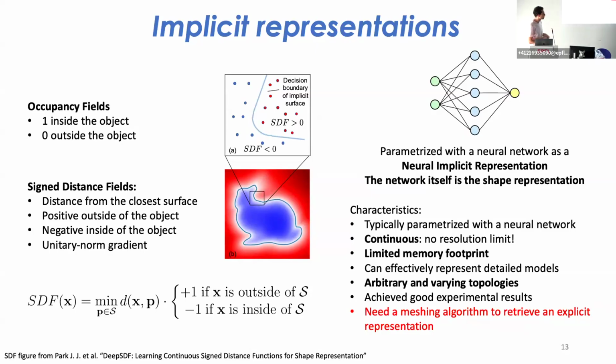You do start by having some surface. So let's say you have the bunny. You need the mesh of the bunny to be able to compute a ground truth SDF that you use to train the network that then approximates the SDF. This doesn't serve any purpose yet, but it will in the next slide. And also, if you have any questions, feel free to stop me. I forgot to say it at the beginning.